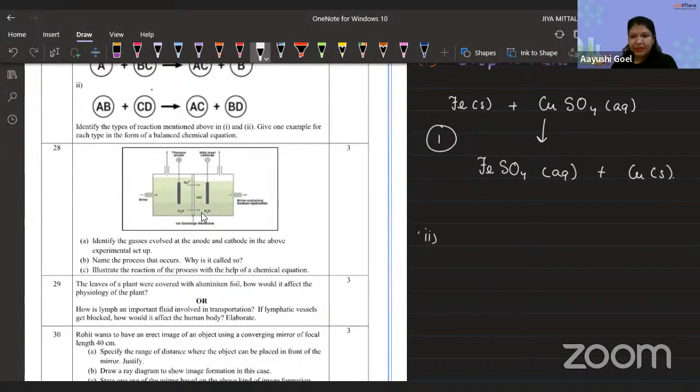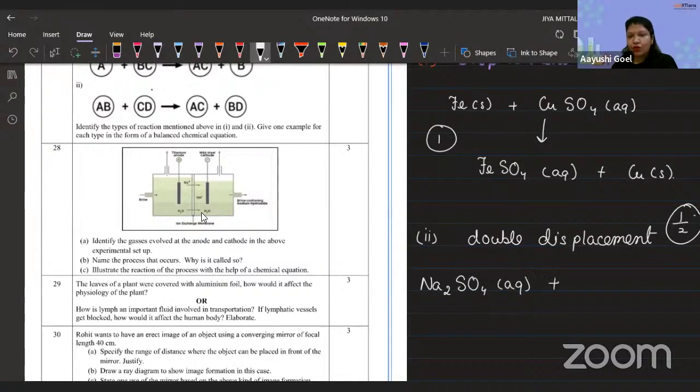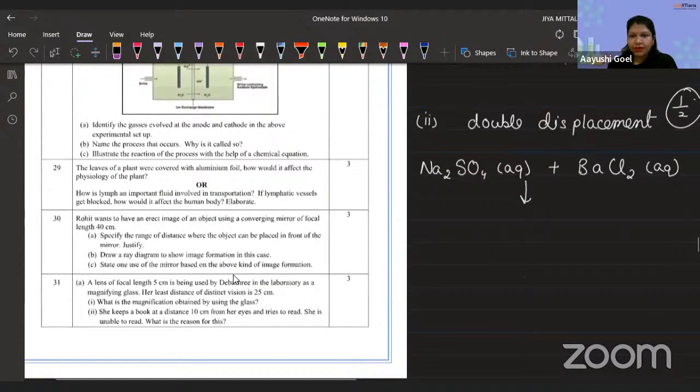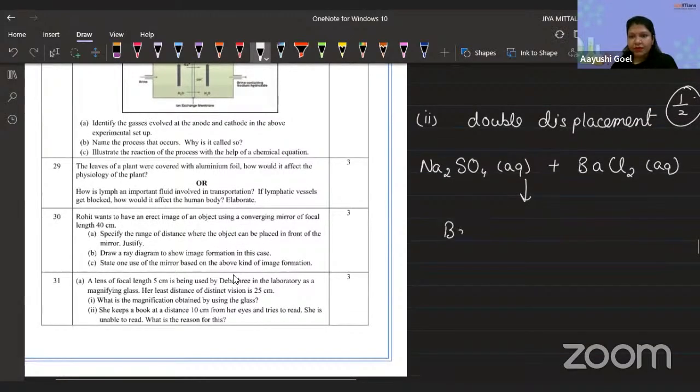Similarly, the second is basically what you have given, double displacement. That is also correct. You will get half mark for writing this. And the reaction, let's say that we have Na2SO4 aqueous reacting with BaCl2 aqueous, giving you BaSO4 solid plus NaCl aqueous.